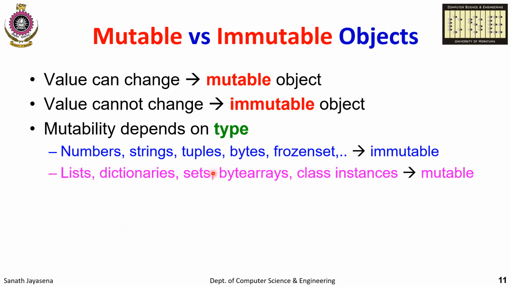And what about mutable objects? We have mentioned a few of them already, but we haven't come across them yet. Out of those, we have listed here lists, dictionaries, sets, byte arrays, certain class instances, and so forth. Out of them, we will mostly work with lists in the near future. We will not be discussing lists that much now, but there will be some examples in this session.